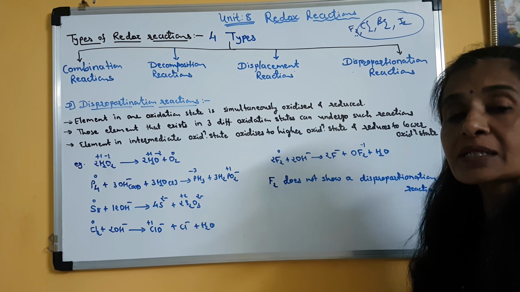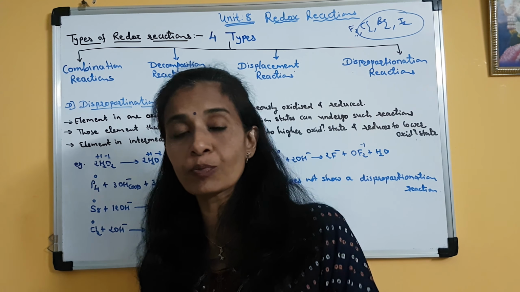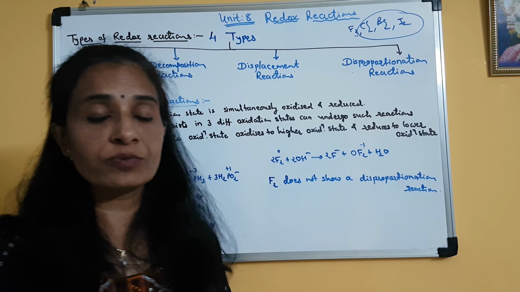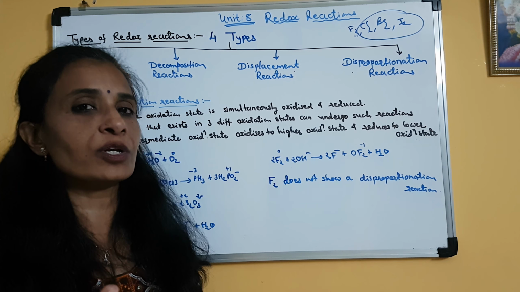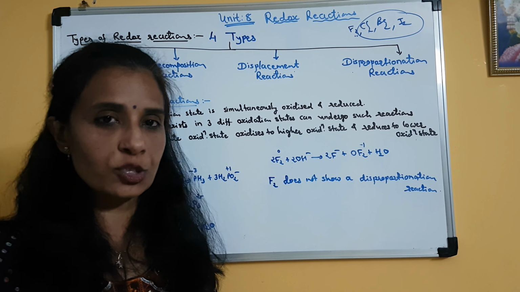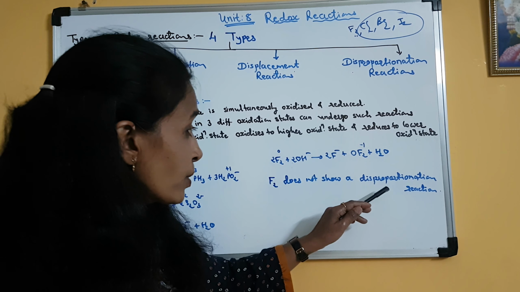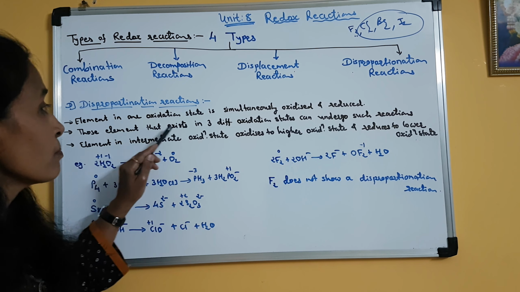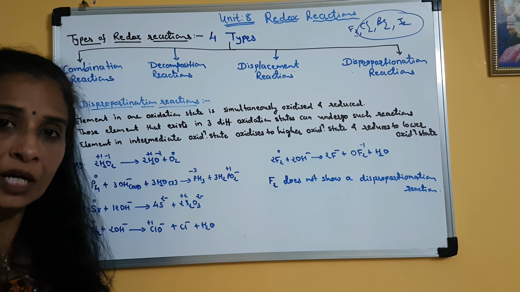Or you can be asked in a 1 mark question why fluorine does not undergo a disproportionation reaction. Because for fluorine it is not possible to be in a positive oxidation state. It has a maximum of 2 possible oxidation states, that is 0 and -1. Clear? And that is why it cannot undergo disproportionation, because for a disproportionation reaction the element must exist in 3 different oxidation states, which is not possible for fluorine.